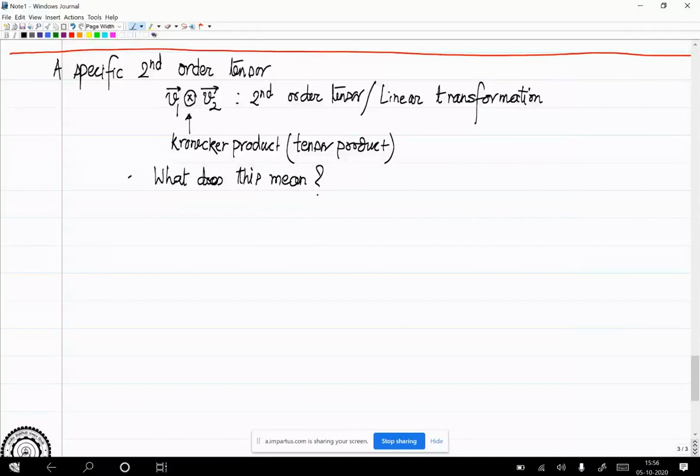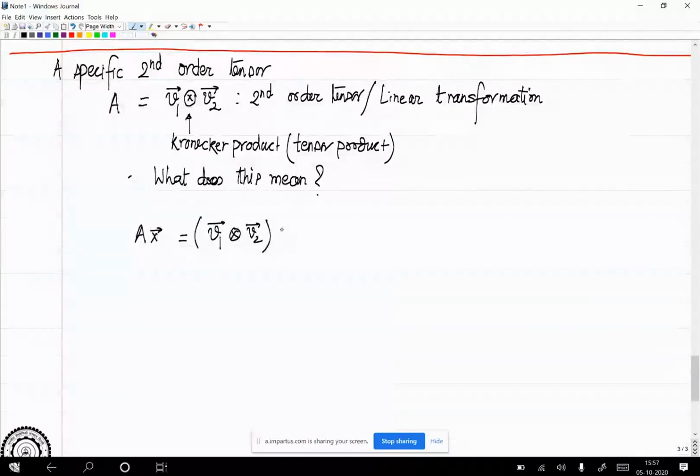In this case, for this particular second order tensor, let us say this is equal to A. Then it acts in the following way: A into X, which is V1 tensor product V2 into X, is defined as V2 dot product X into V1. This is how it is defined.